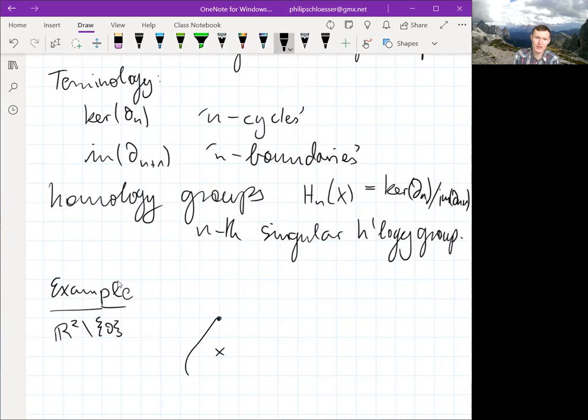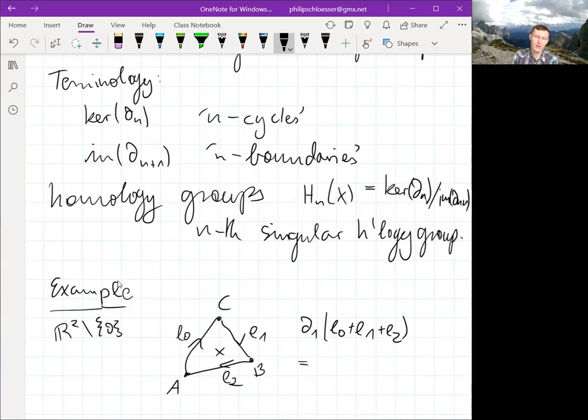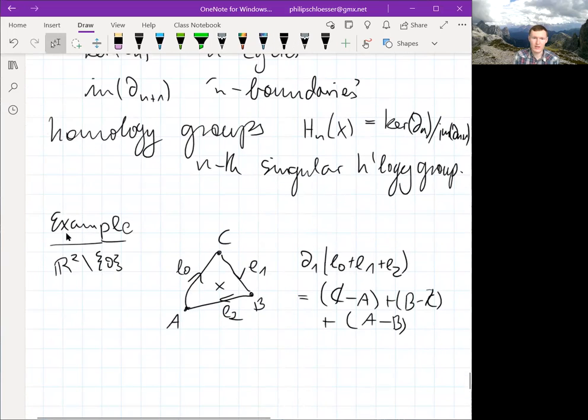Then we can construct a cycle, namely by having E0, E1, E2, and I guess you can also call the vertices A, B, C. Then the boundary of E0 plus E1 plus E2 is equal to, well, the boundary of E0 is C minus A, the boundary of E1 is B minus C, and the boundary of E2 is A minus B. And we can see we have plus C minus C plus A minus A plus B minus B, which is equal to 0.